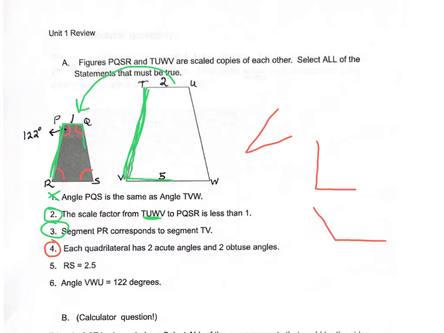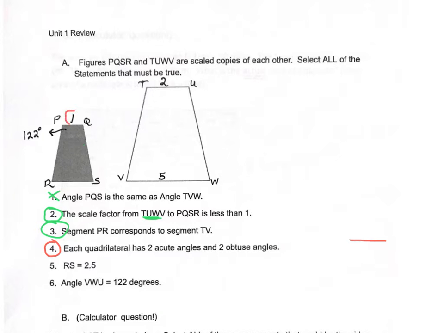The next one talks about segment RS being 2.5. Well, let's see. RS is here, and we don't really have much information about it, so I need to take pieces of information from the rest of the figure. Here's what we know, if I erase all that other stuff. PQ is 1 and TS is 2.